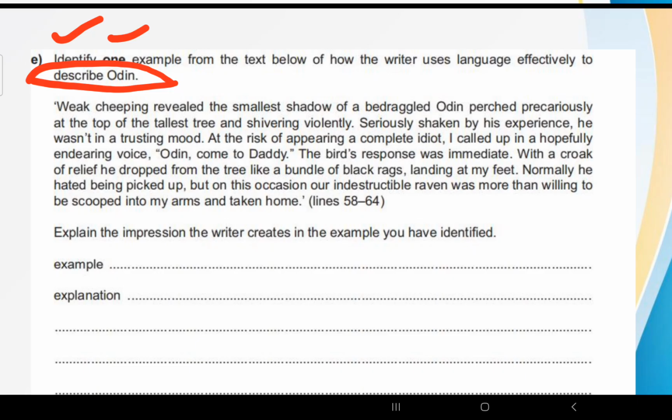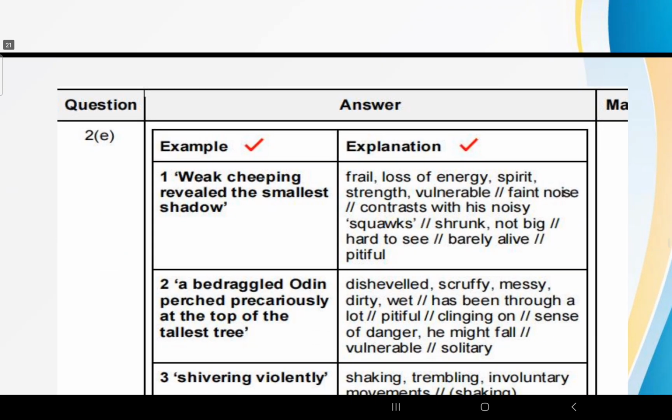So you will read this whole text, and you will take out the examples that are describing Odin. And by doing that, once you have that example, I think it is 29 minutes. I'm not reading the whole example. I am moving towards the mark scheme.